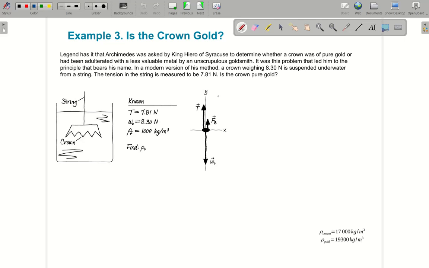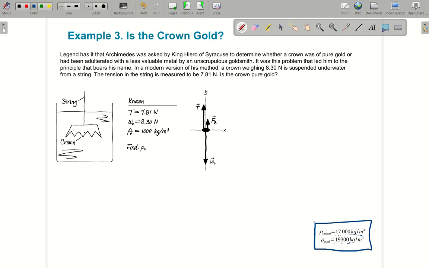How did he do it? What he did is weigh the crown in the air and weigh it in the water, and use that to calculate the density of the crown and compare it to the density of gold, and he found that it wasn't gold because its density was significantly smaller than the density of gold.